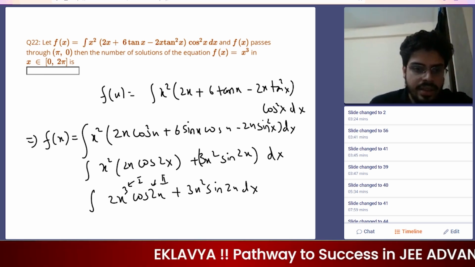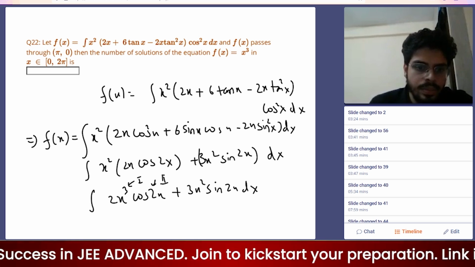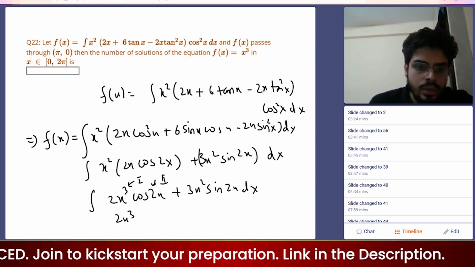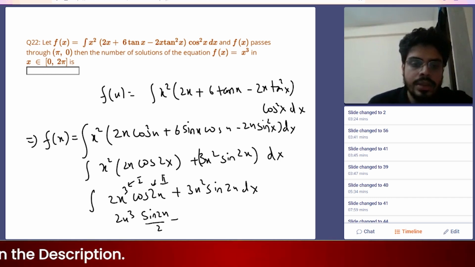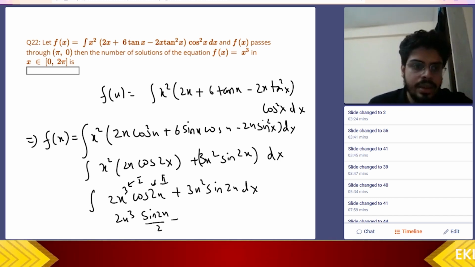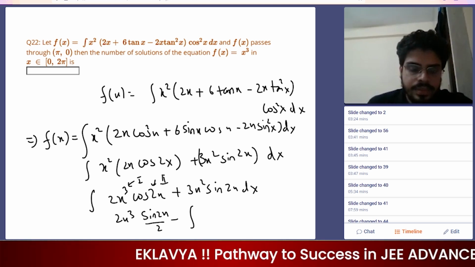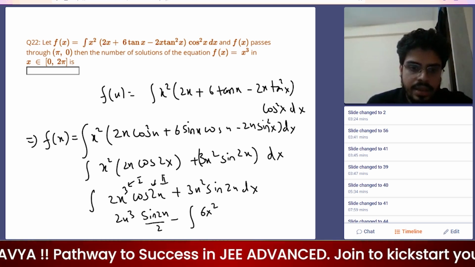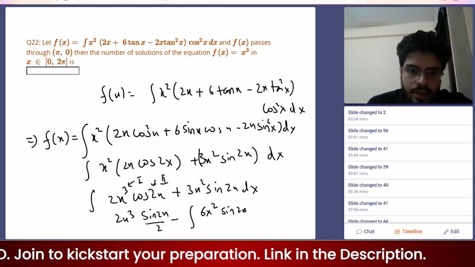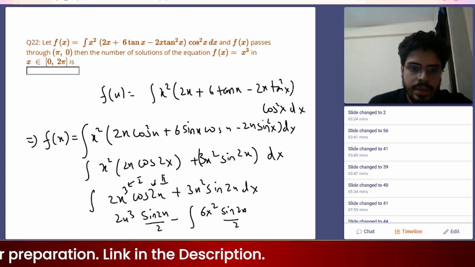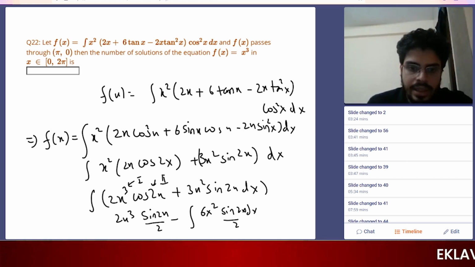So if I take this as the first function, I will keep it as it is, 2x cubed, and the integration of cos 2x will become sine 2x by 2, minus the integration of 6x square, sine 2x by 2 dx, and here's complete dx.